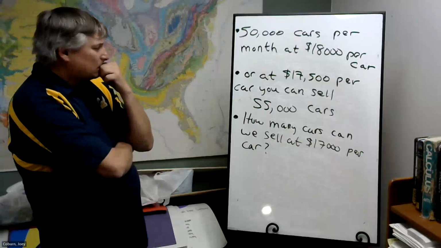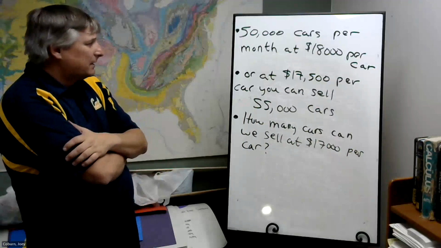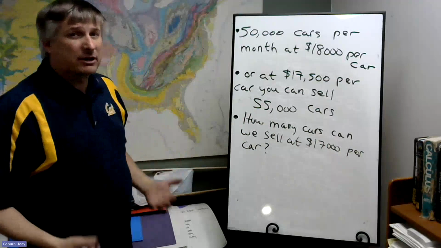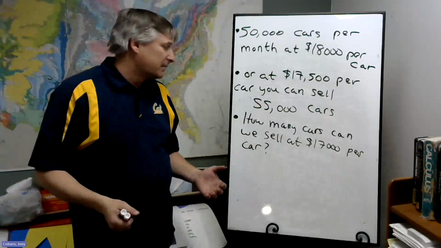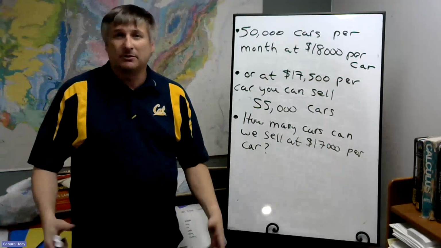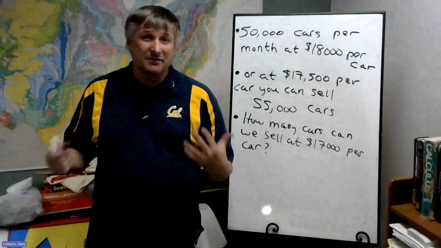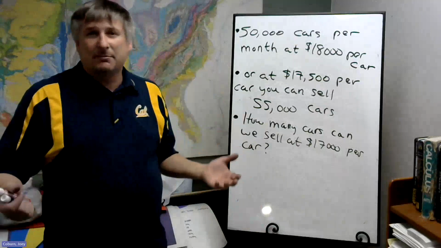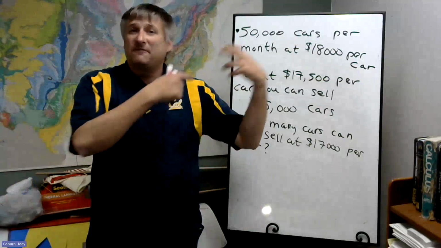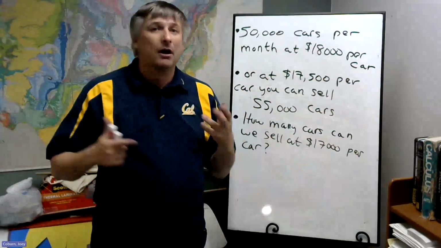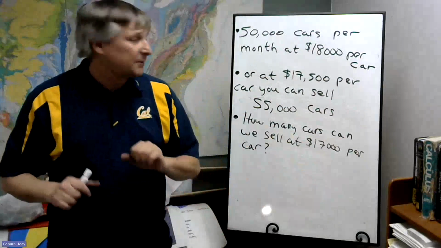So what we can do here is, again, we want to use a line. We want to come up with a formula for a line, and then we're going to use an input to predict an output. Now, again, this is one of those things about cause and effect. Is there something we're free to choose, and is there an effect or a consequence of our choice? There is.